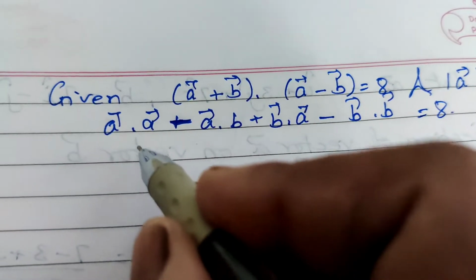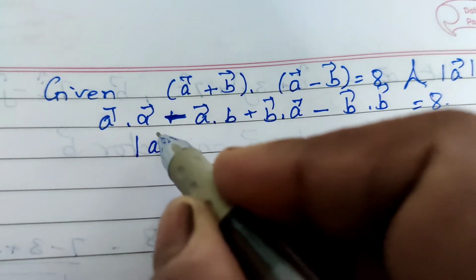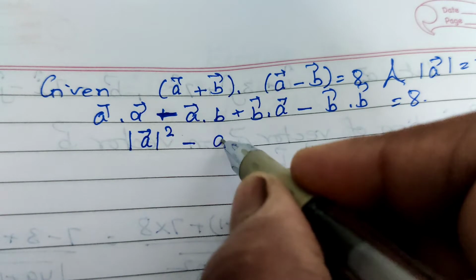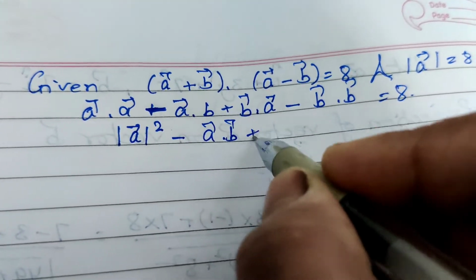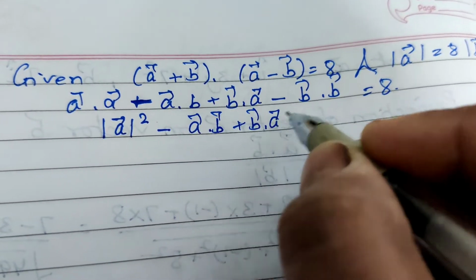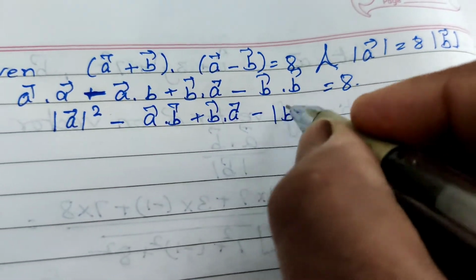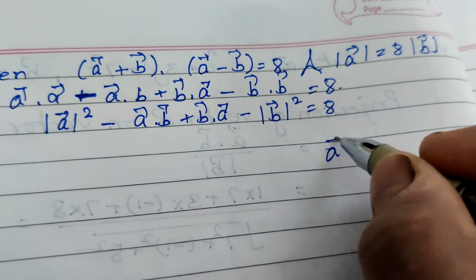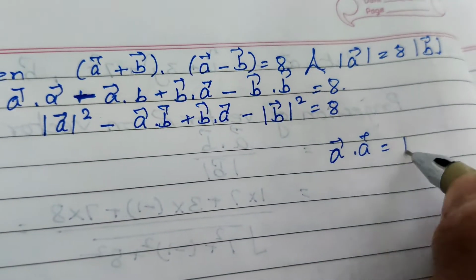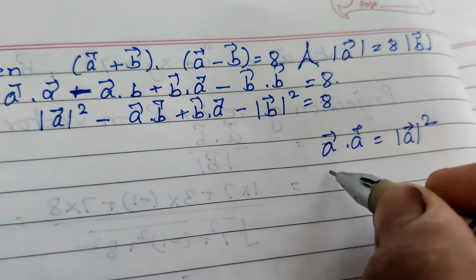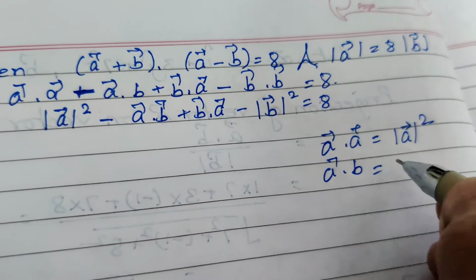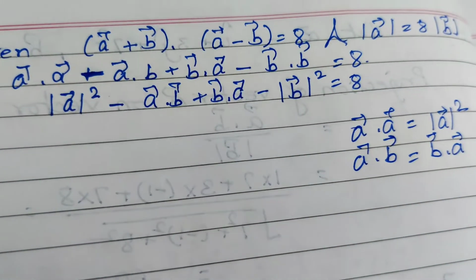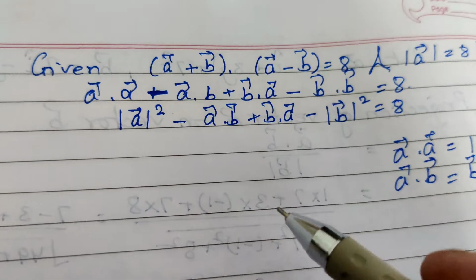So we can write magnitude of A square minus A dot B, B dot A cancel to 0, minus B square equal to 8. So we know A dot A equals magnitude of A square, and A dot B equals B dot A. Okay, so this is equal to 8.